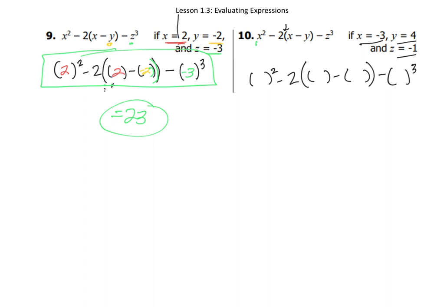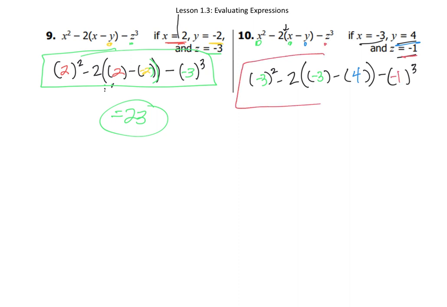Our x's are -3, so we have x's here and here, -3, -3. Y is 4, there was 1 y, and z is -1 at the very end.